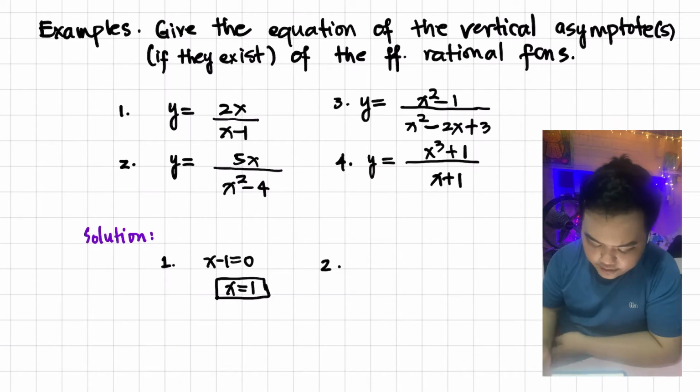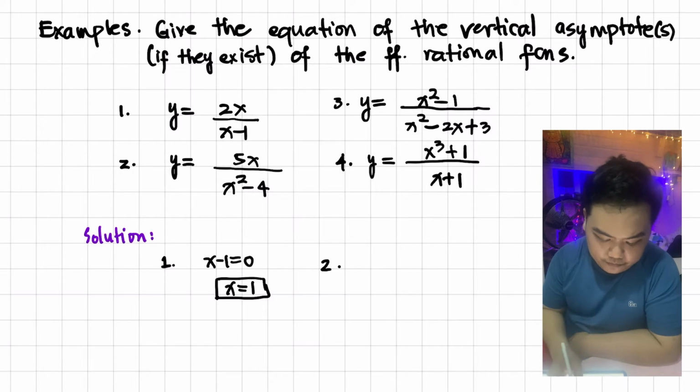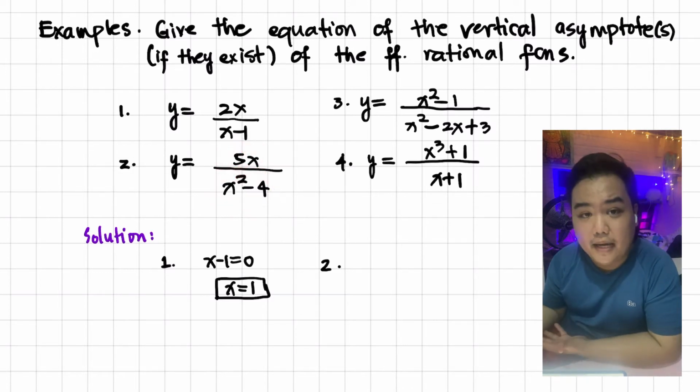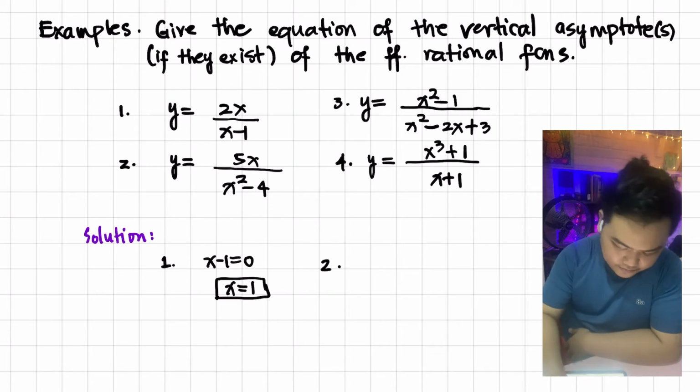How about for number 2? Okay, first step ulit is simplify the rational function. May common factors ba? 5x and x squared minus 4. Wala. They don't have a common factor. So, proceed ka na dun sa step 2 natin, which is equate the denominator to 0.